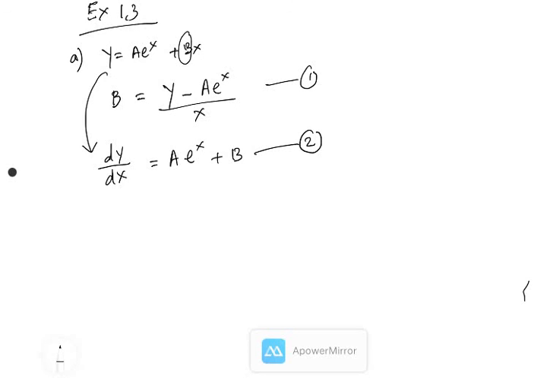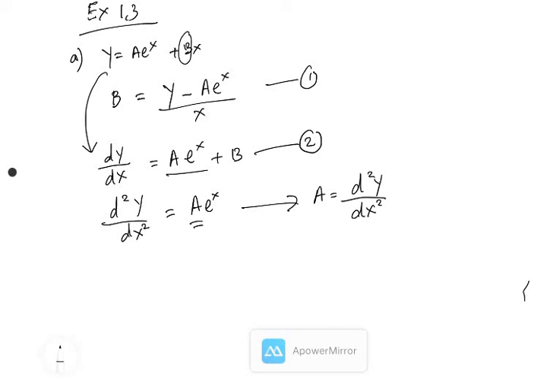Okay, you differentiate again. So this is a second order, d square y over dx squared. Then what do you get? You differentiate this one, you get a exponent x. Okay, now what is the equation if I want to take this a as an equation? So a is equal to d square y over dx square, and then divide by exponent x.